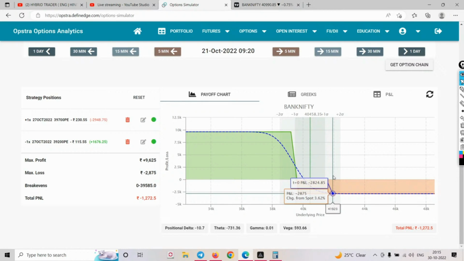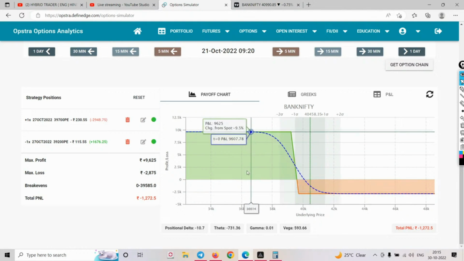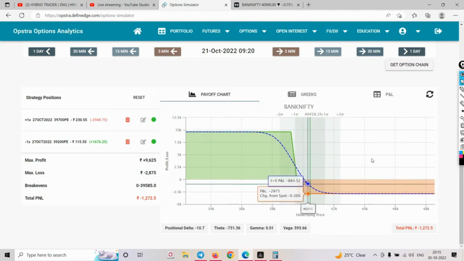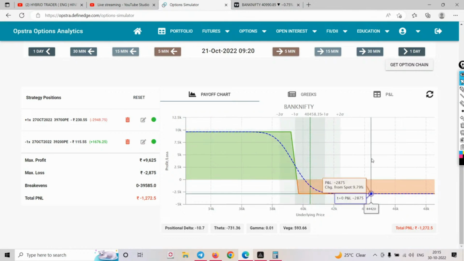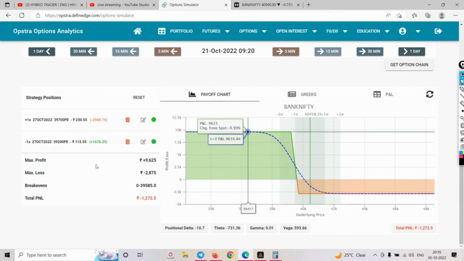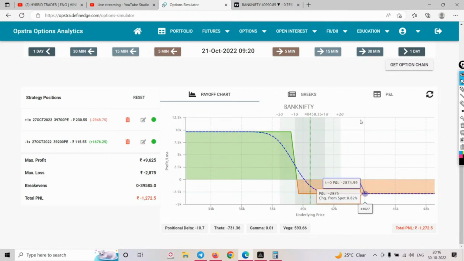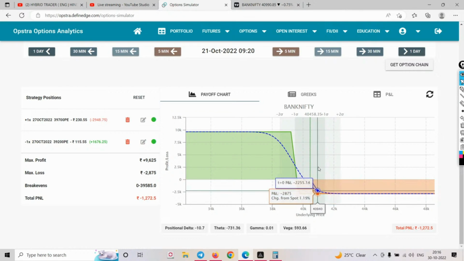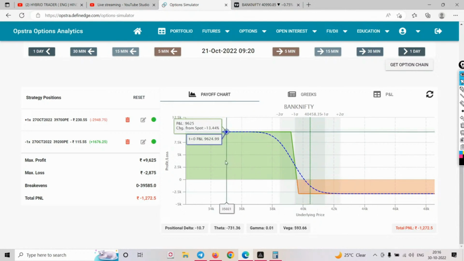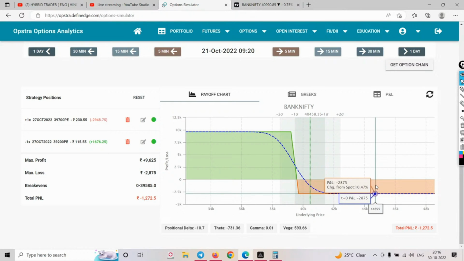Not dual strategies, only single leg transactions. We all know our loss is 2,875. What is the best adjustment to get into profit if the market keeps going up? One thing is to sell one naked put so that your loss will be mitigated. What are the other things?